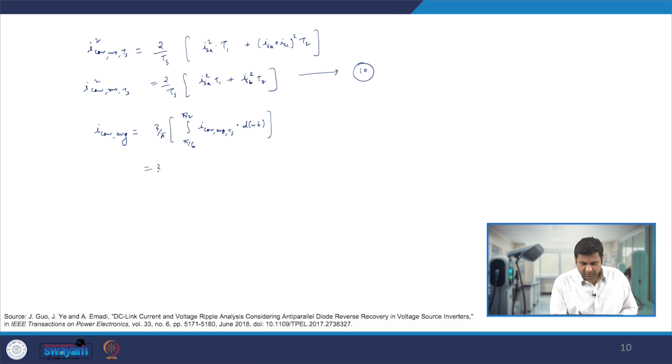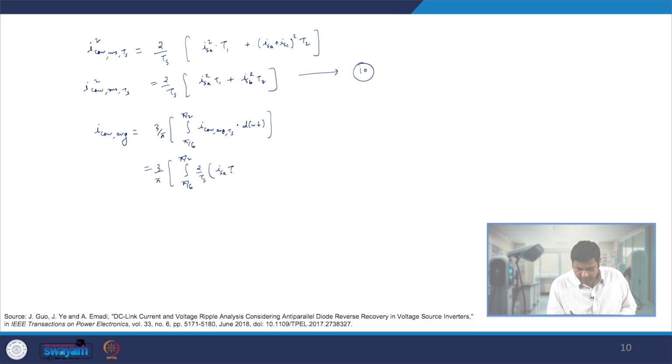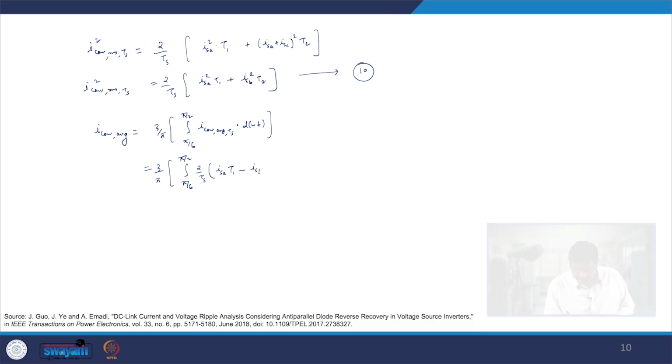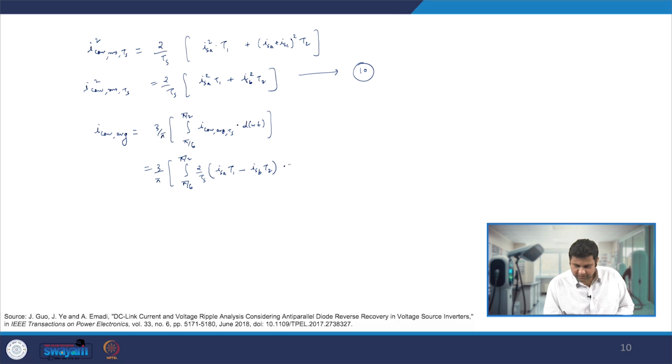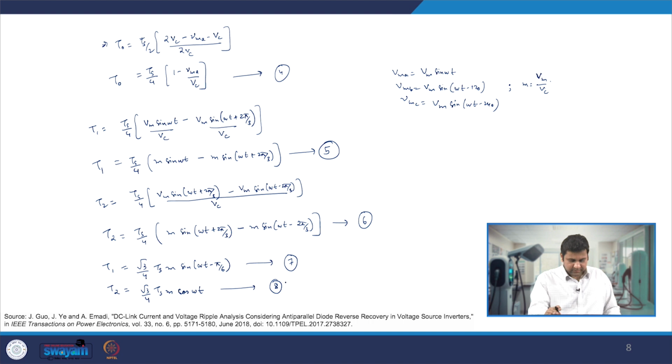So this will become 3 by pi, integral from pi by 6 to pi by 2, and this I converter from 9 we can take, is nothing but 2 by Ts, I_SA T1 minus I_SB T2, d omega t. Now this is from 9.